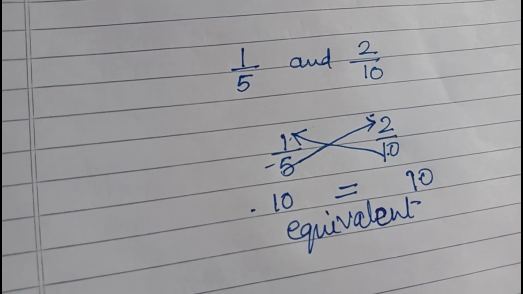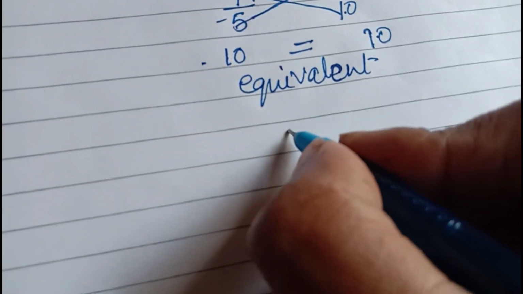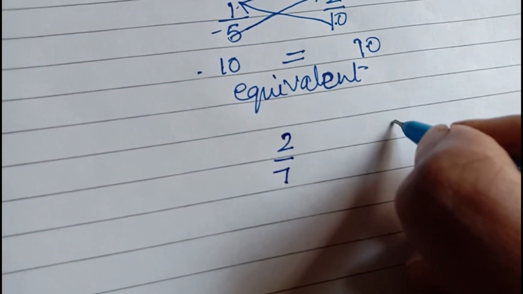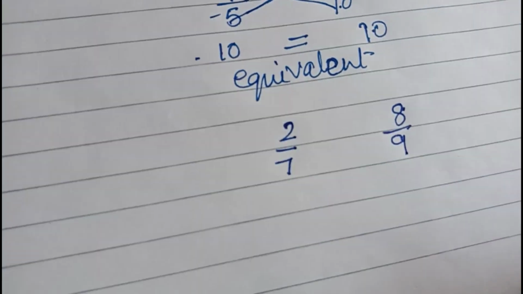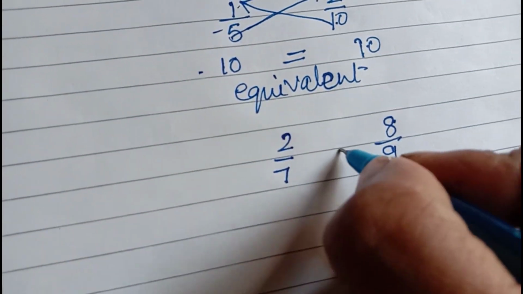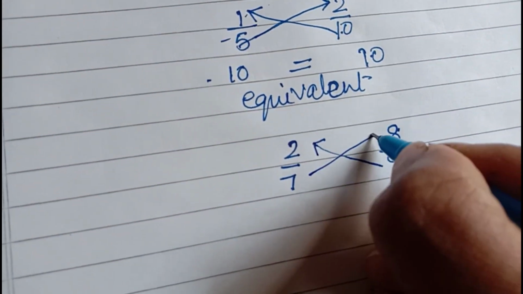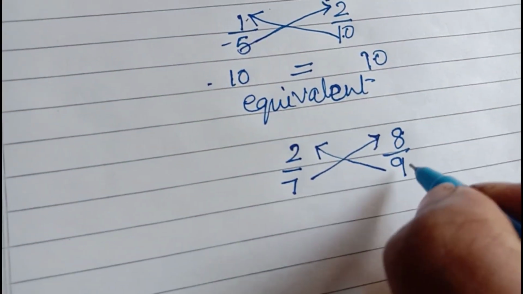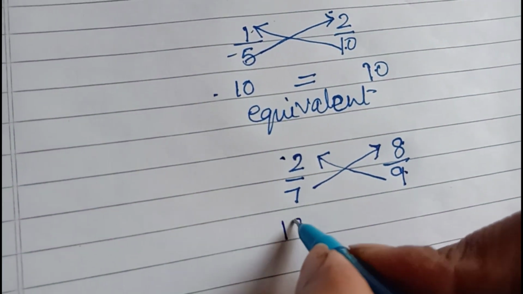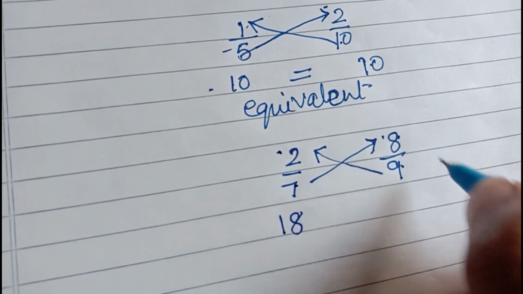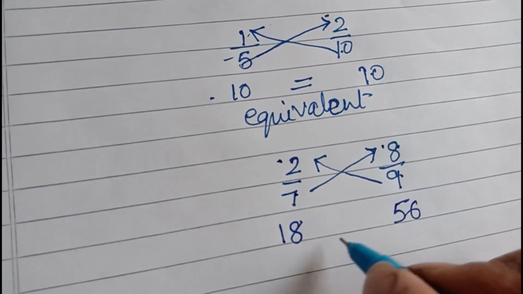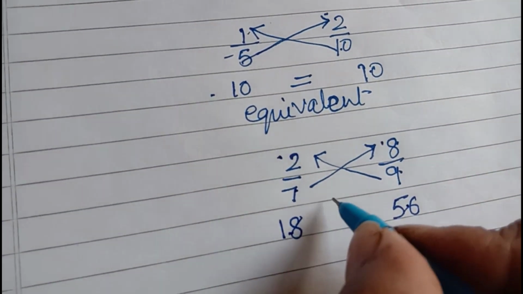But if I have 2/7 and 8/9, clear? तो क्या करेंगे? Then again you will cross multiply and check the product. 9 2s are 18. 7 8s are 56. So are these products equal?